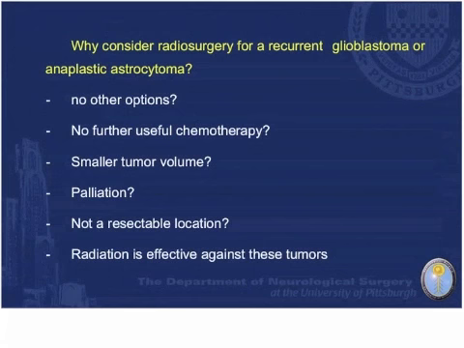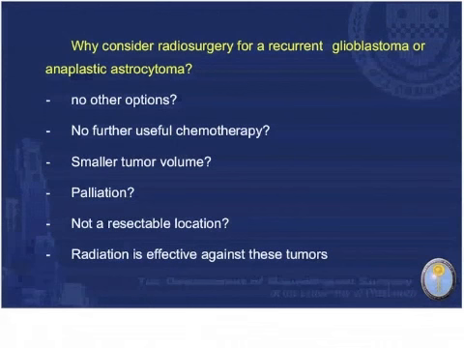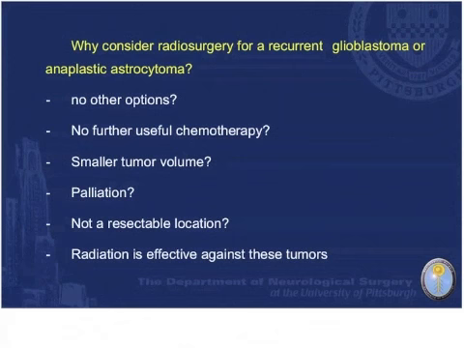So in 2010, using the available literature as it is, why consider this for a recurrent GBM or anaplastic astrocytoma? Well, certainly if there are no other options or no further useful chemotherapy related to bone marrow status or failure of other drugs, the volume is small. If you're trying to palliate further, the location is not amenable to further resection, we think that radiosurgery is an appropriate strategy.